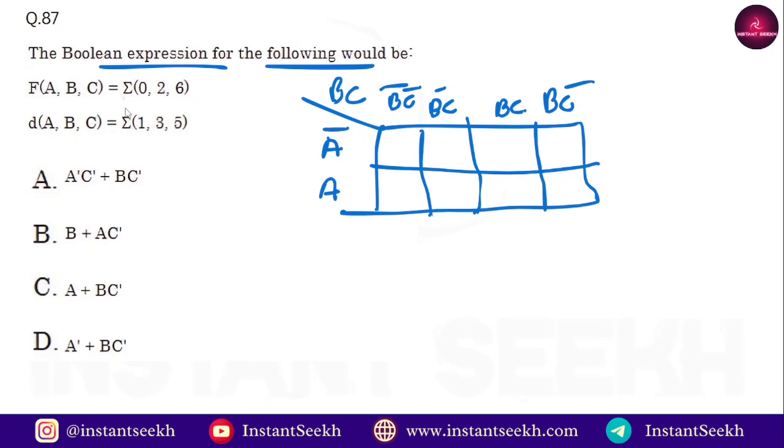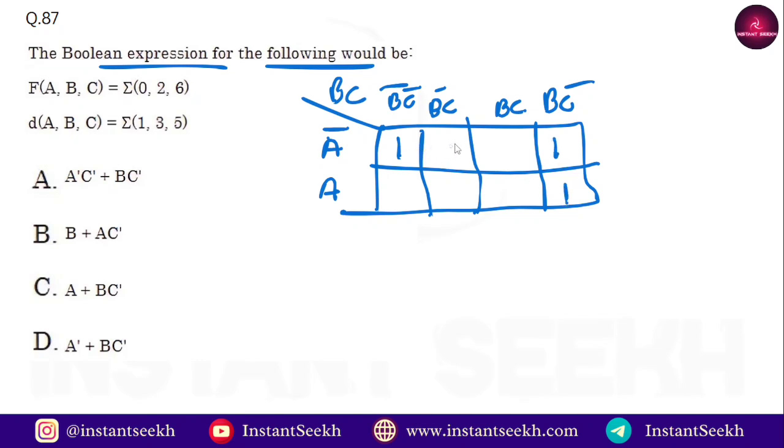Now what it is stating: the don't care terms given are 1, 3, 5, and the others are 0, 2, 6. First we will plot the min terms. 0 will come here, 2 will come here, and 6 will come here.